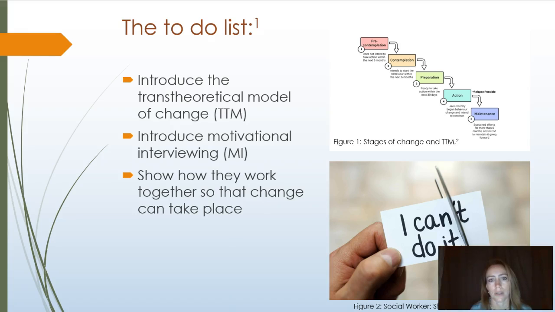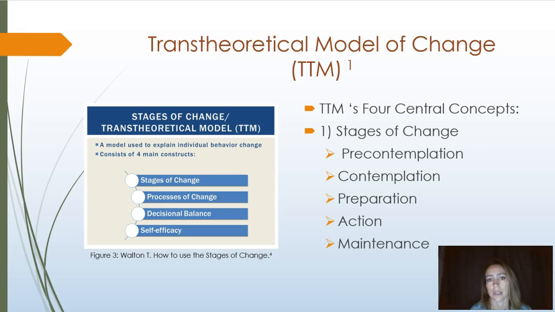Moving on to introducing the Trans-Theoretical Model of Change, it can help assist future nutritional professionals to determine whether the client is in the stages of change. Now, the stages of change is the first of the four central concepts of the TTM model. You can see on here that they begin with pre-contemplation, where the client has not even considered change.